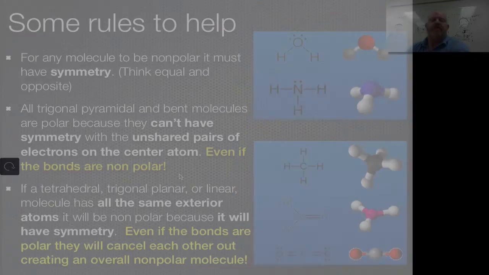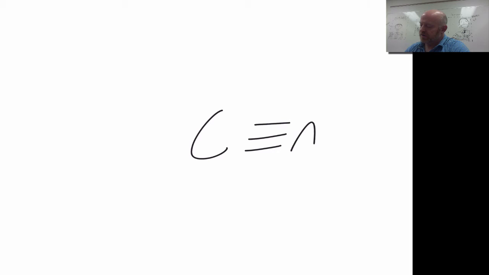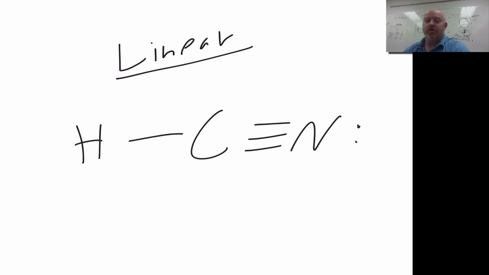Okay, so if I give you an example now where there is not symmetry for a molecule, we're basically going to take carbon and bind carbon to nitrogen and then to a hydrogen. So in this case, we'd have carbon in the center. We do have a linear molecule here, which means it could be nonpolar because it could have symmetry. However, carbon is bonded to nitrogen and hydrogen. Now, the carbon to hydrogen bond is a nonpolar bond.